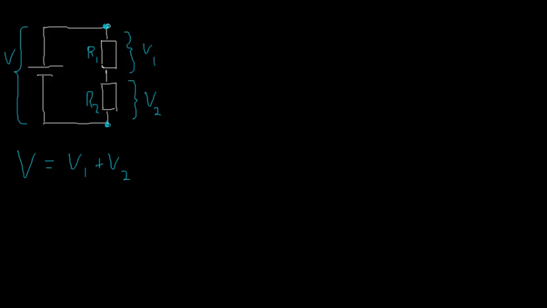Then there are the Ohm's law equations in each resistor, where V1 is equal to I times R1, I being the current that flows through the resistors, and V2 is the same current times R2.